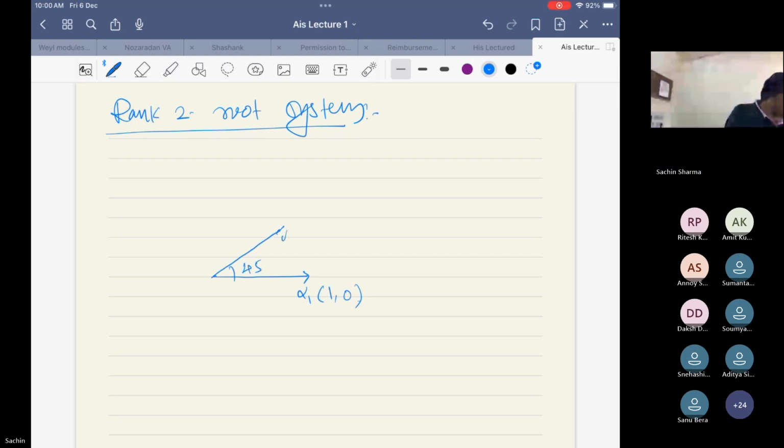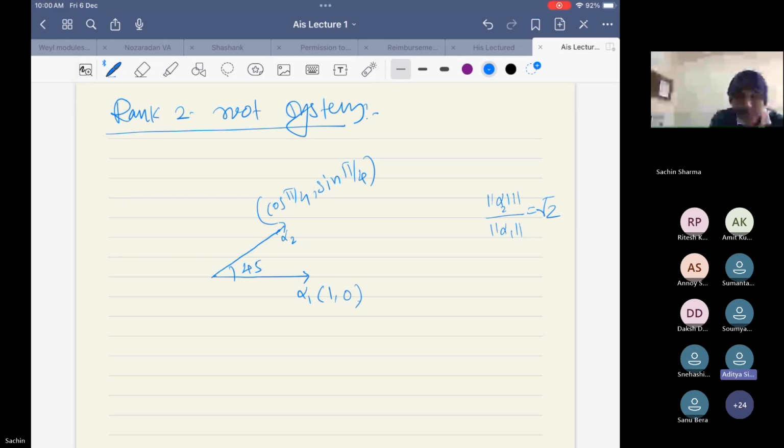This is cos pi by 4, sin pi by 4. But this is a unit vector. We want the ratio of the length of alpha 2 to alpha 1 to be root 2, right? Root 2.